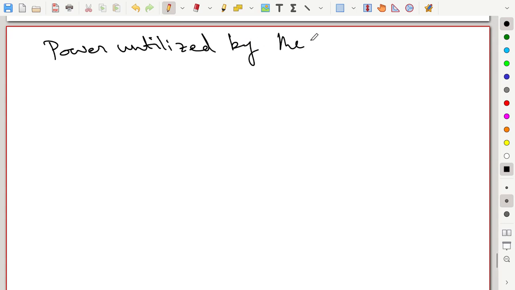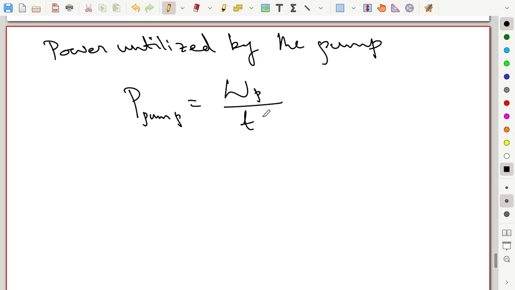So the power utilized by the pump, the power of the pump, equals this work done by the pump divided by the time.